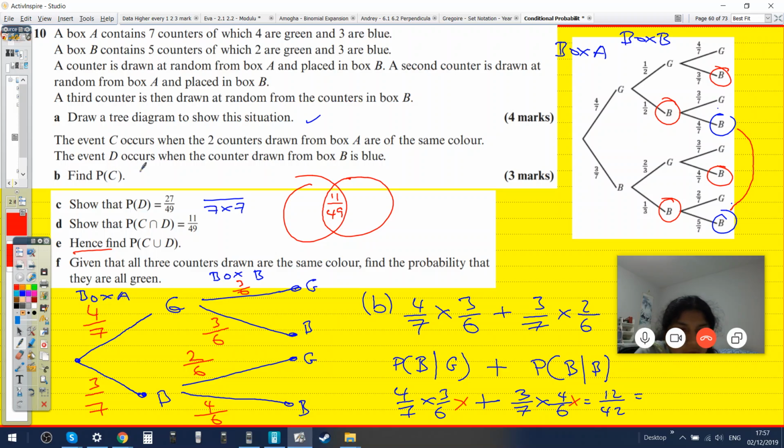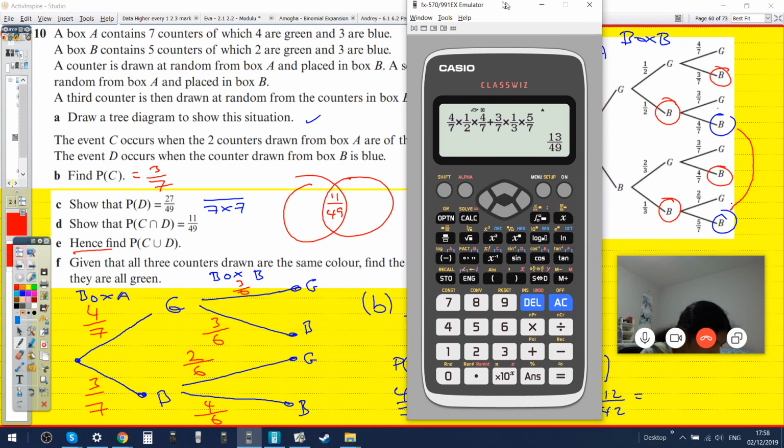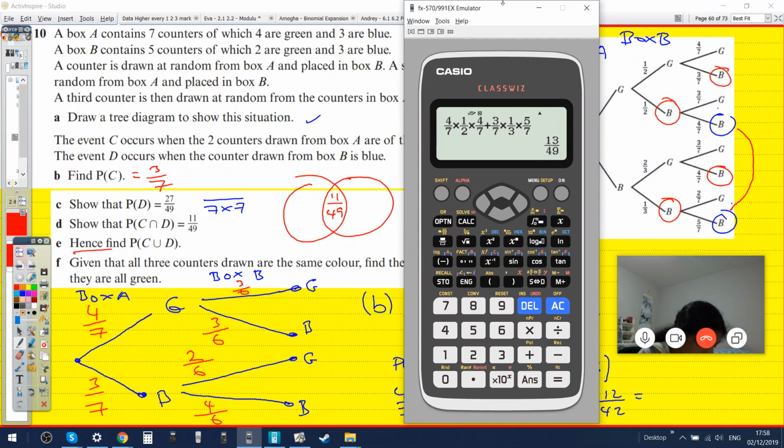So you do 3 over 7 plus 27 over 49 minus 11 over 49 to give you the union. Which gives you 37 over 49.